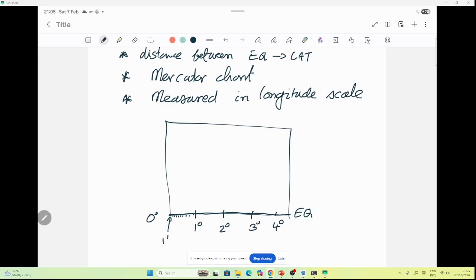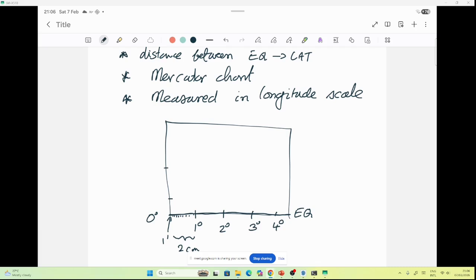Where is it going to be, here 10 degrees or here 10 degrees? So this is a problem, right? For example, let's say this is 2 centimeters. So after how many centimeters can I find 10 degrees in this chart?